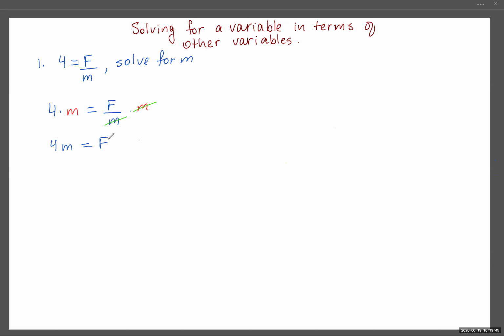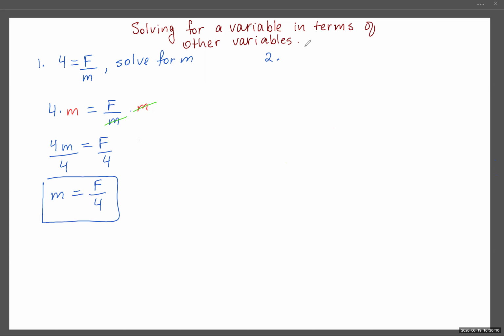And then to get just m by itself, which is what solve means, it means get the letter that you want on one side of the equal sign all by itself. To get m all by itself, we have to divide by 4. So we'll go ahead and do that. M equals f divided by 4.